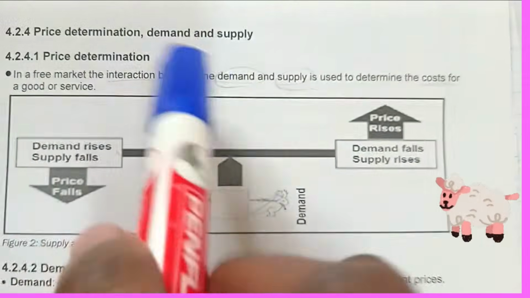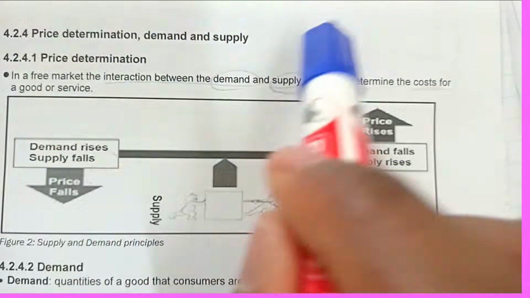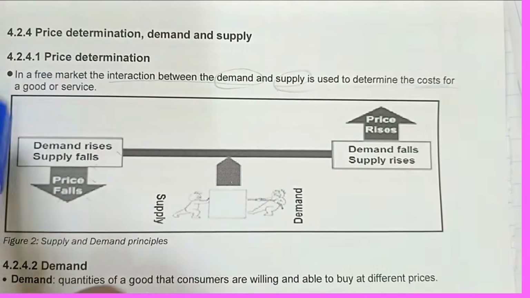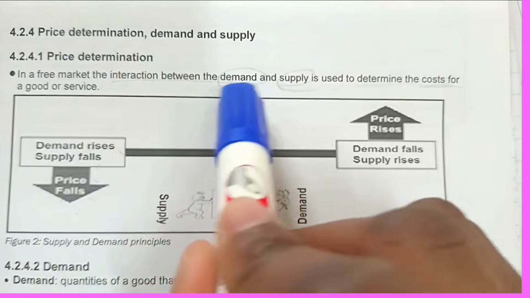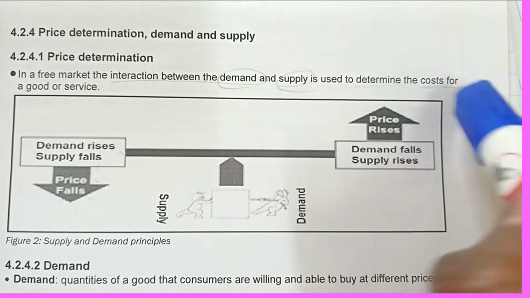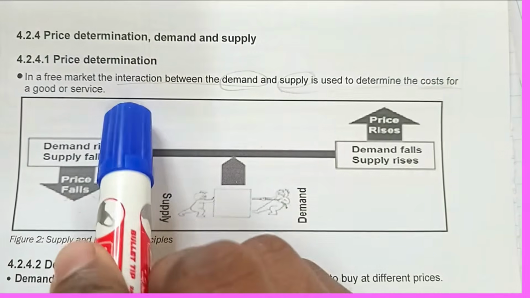So they say price determination, demand and supply. The price determination in a free market: the interaction between the demand and supply is used to determine the cost for a good or service.